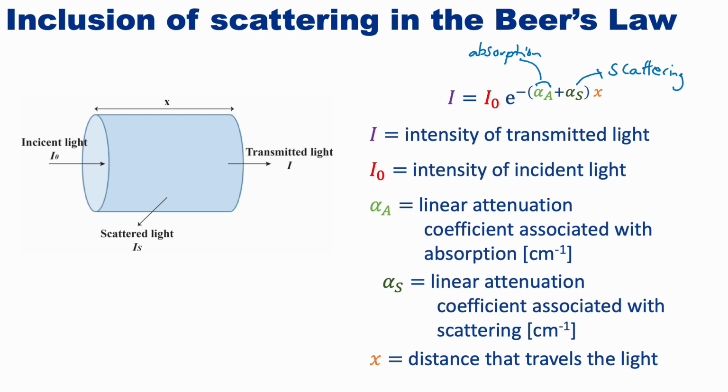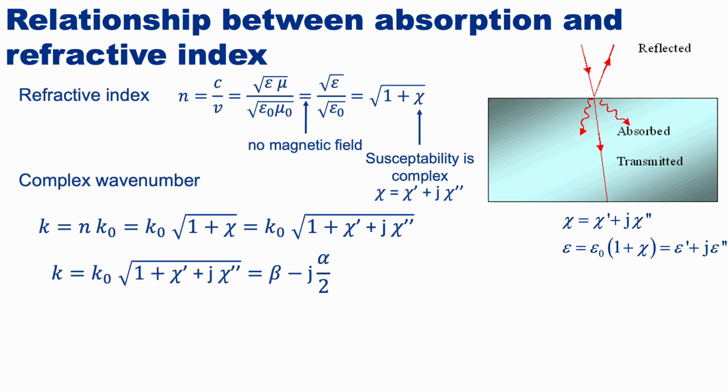And that's just how we're going to change the Beer's law when we have both absorption and scattering. In the video of the multiple-choice questions, we're going to solve a problem where in the medium we have both absorption and scattering.